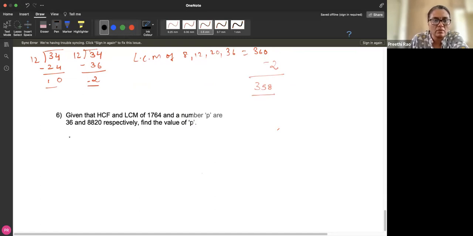The numbers are 1764 and the other number we don't know.